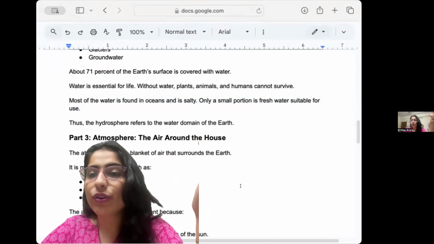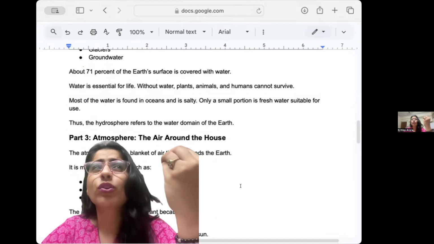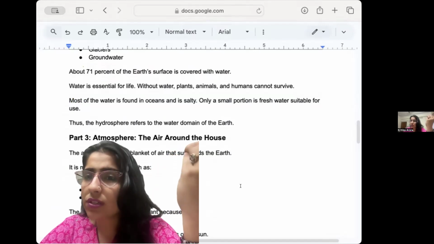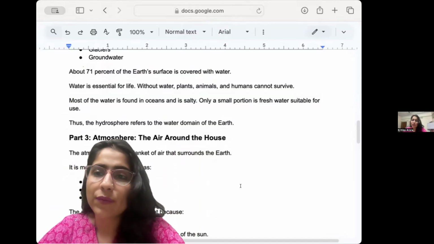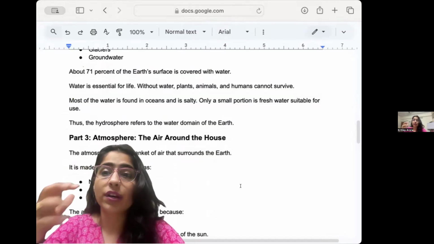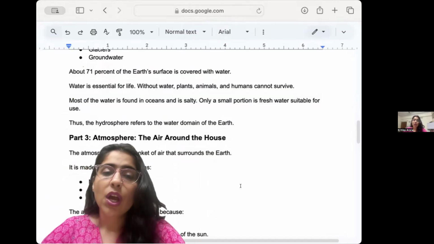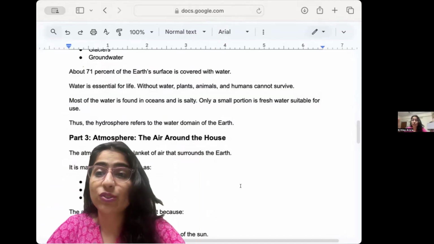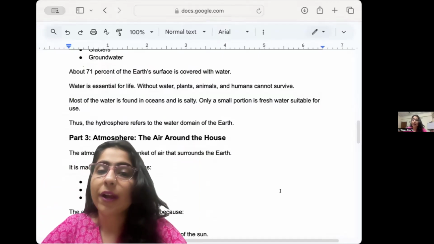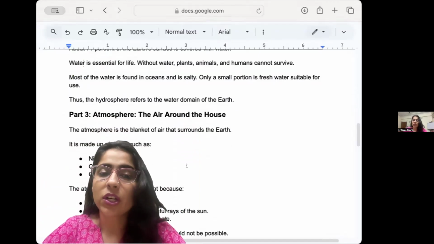And in the evolution of the earth, I spoke about the photosynthesis process that was occurring in the ocean, and because of the accumulation of oxygen that was being released is how life started forming on the surface of the earth. So even hydrosphere is a very very important domain of the earth, which has actually helped us in forming life on the earth.